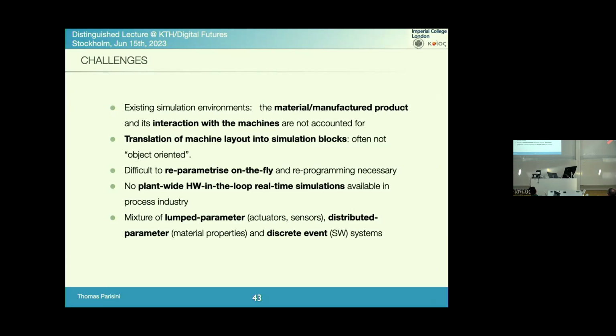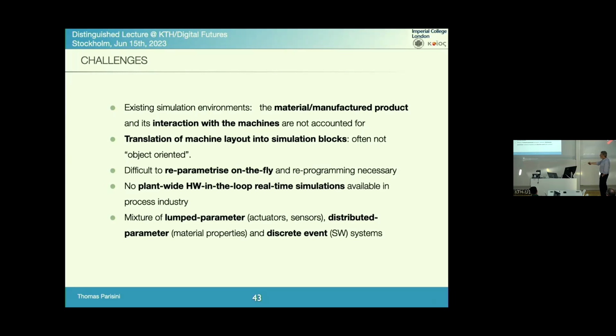Next, if you go to your funder, your industry, and you say, okay, yes, we can do it, give us 2 years and we do it, they say goodbye. They cannot do that with so much time. Therefore, what you have to develop is a kind of automatic creation of that model based on the plant layout, on the functional specification, on the list of the IOs, and so on and so forth.